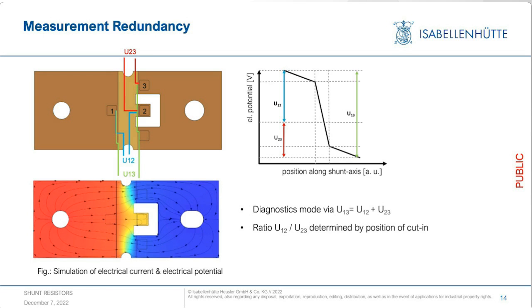This means that you can always verify your measurement by verifying the equation that the voltage 1 to 3 equals the sum of the voltage 1 to 2 and 2 to 3. And thus, this is a shunt design which enables you to have a redundant measurement and a self-diagnosable measurement within one shunt device.